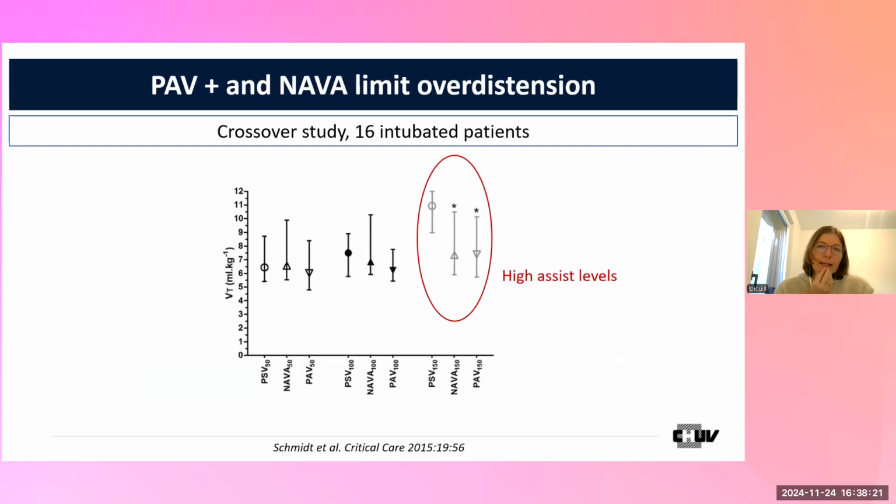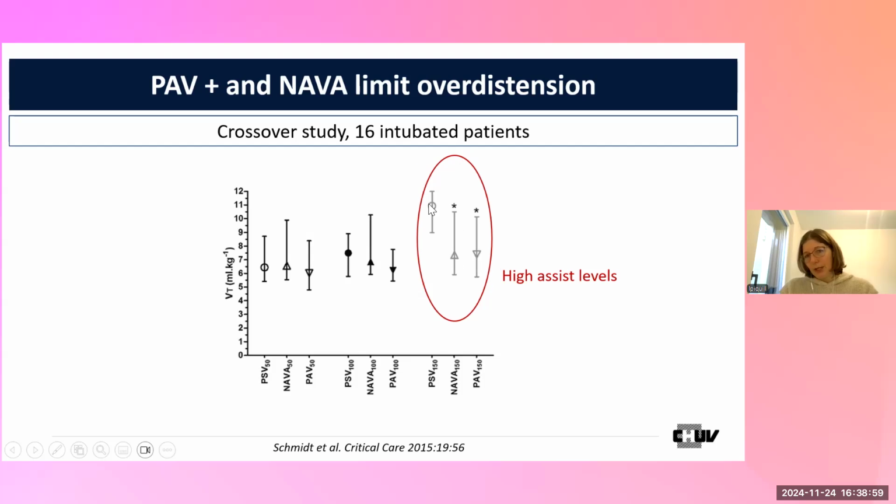And interestingly, there are other things that can be done with proportional modes, both NAVA and PAV plus. They deliver assist in proportion to the patient demands. That means that those systems permit limiting over-assistance. As you can see here, at high assist levels, even if you increase the gain in NAVA and PAV, you do not increase tidal volume.